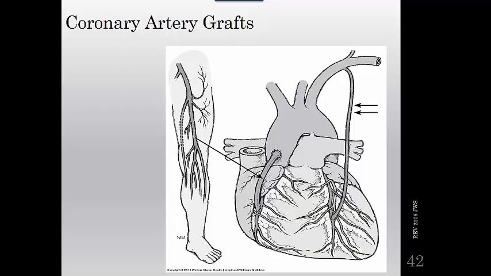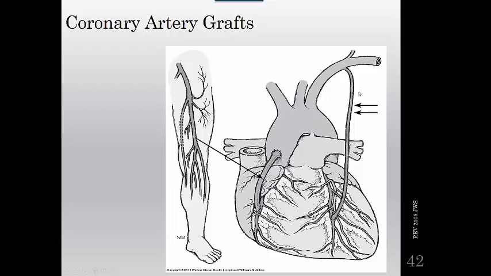Arteries or veins are taken from elsewhere in the patient's body, and they're grafted from the aorta to the coronary arteries to bypass atherosclerotic narrowings in the vessels and improve the blood flow and supply to the coronary circulation that's supplying the myocardium.